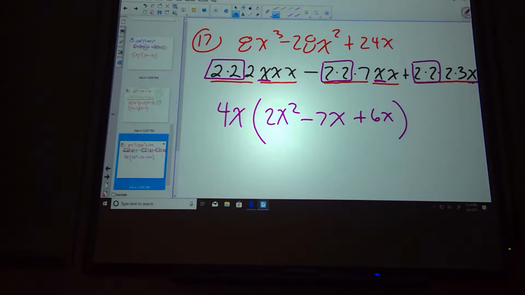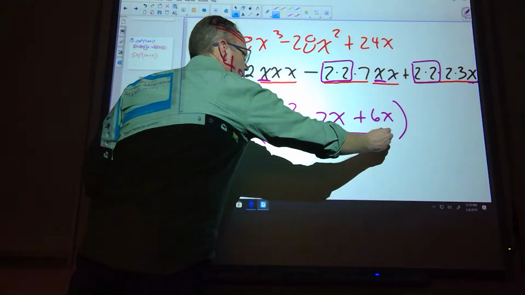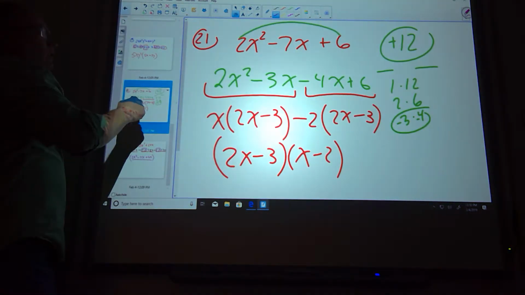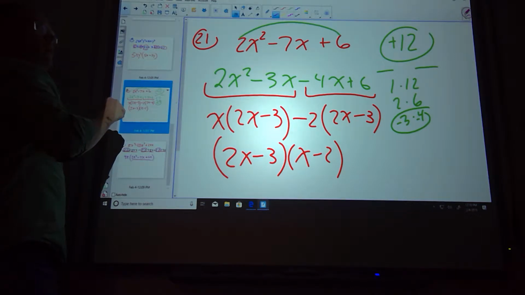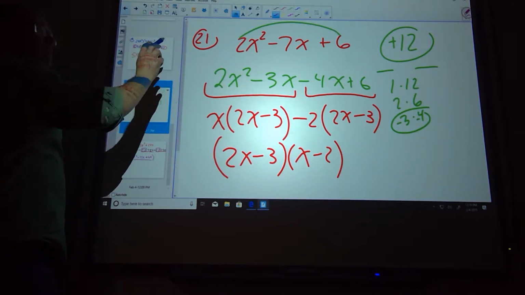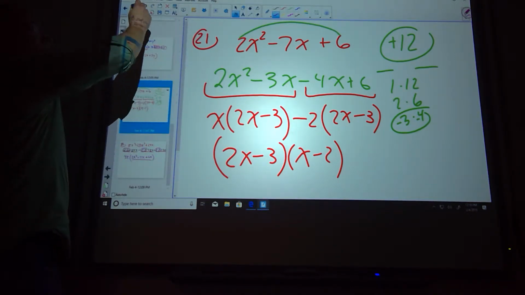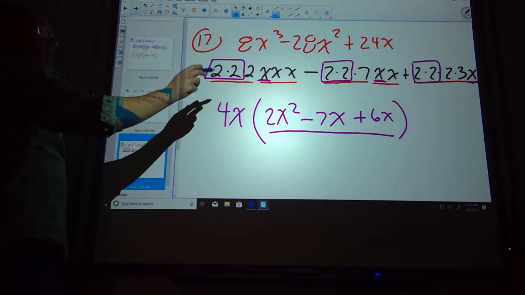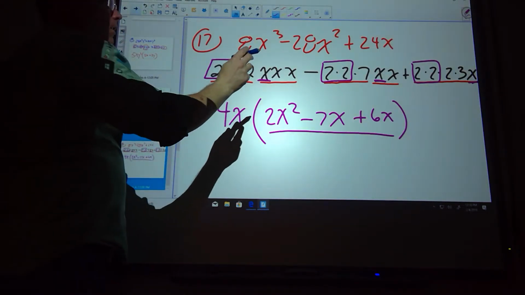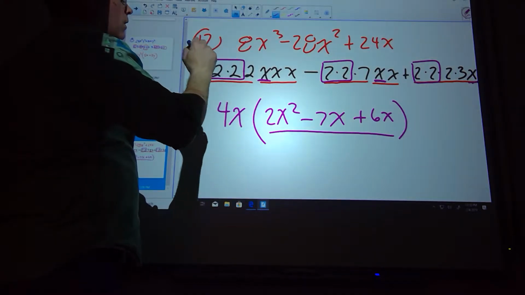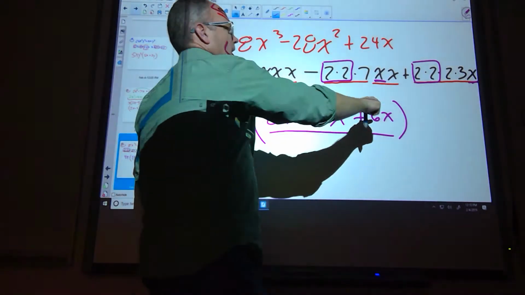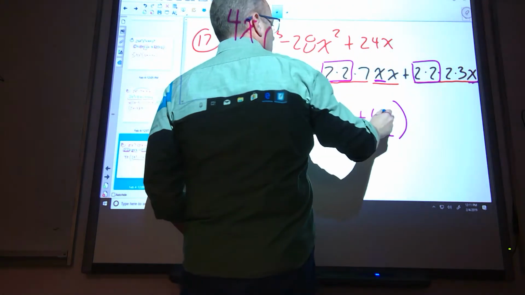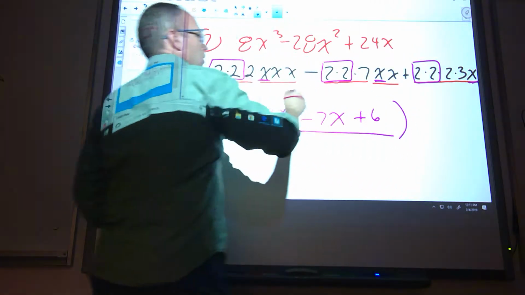Hey, isn't this here, this here? Are they the same? 2x squared minus 7x plus 6. 2x squared minus 7x. Oh, I forgot. That x isn't supposed to be there. So I factored out the x.